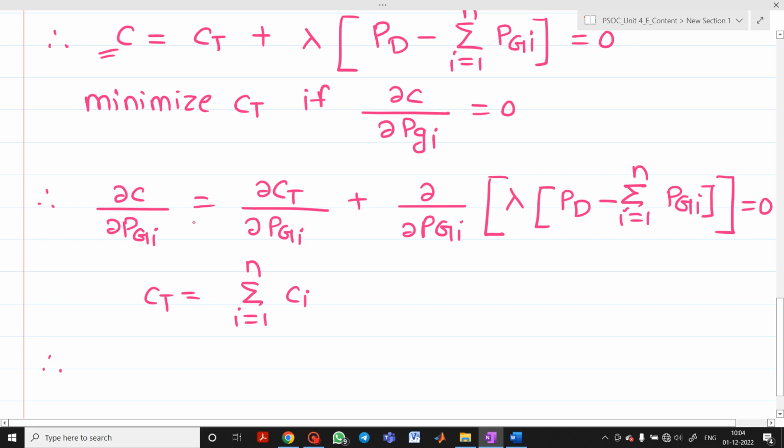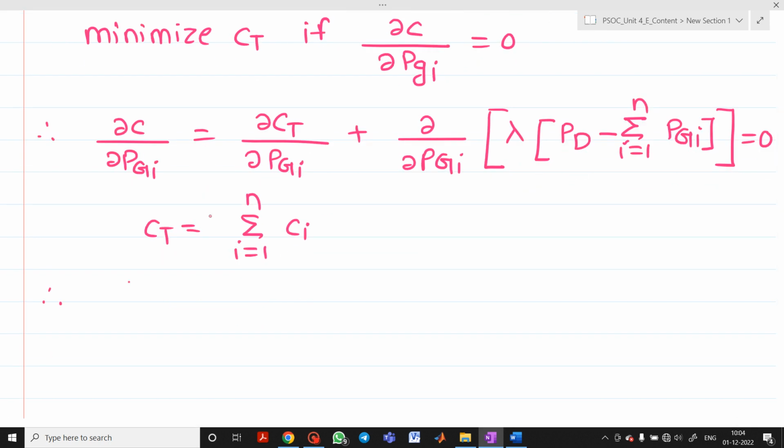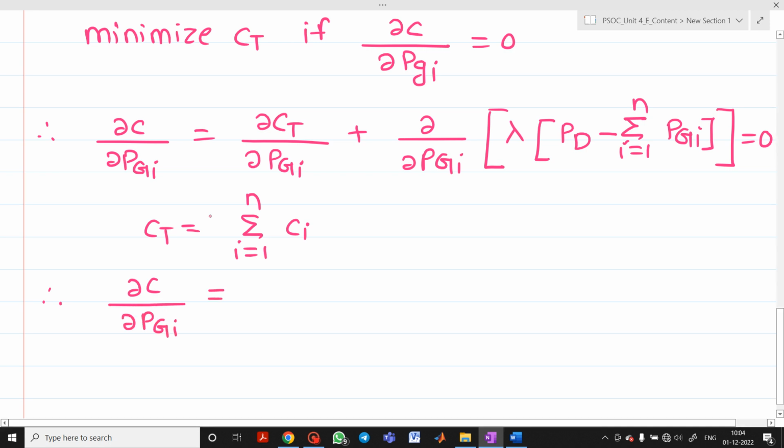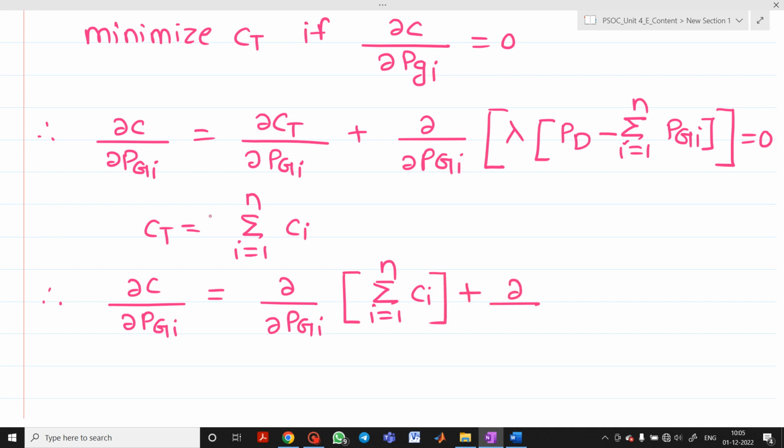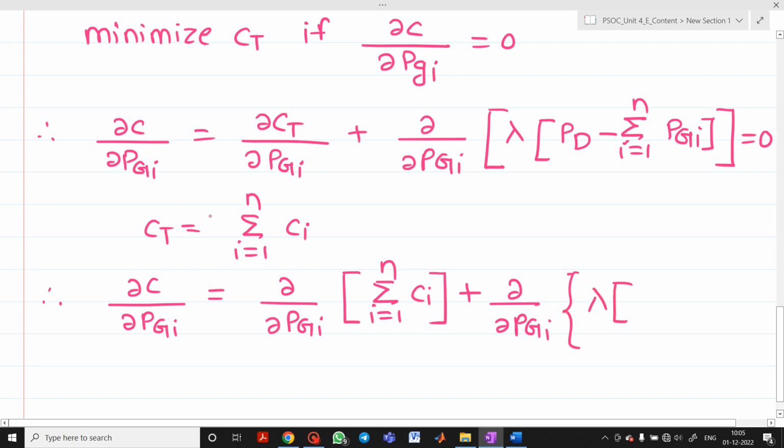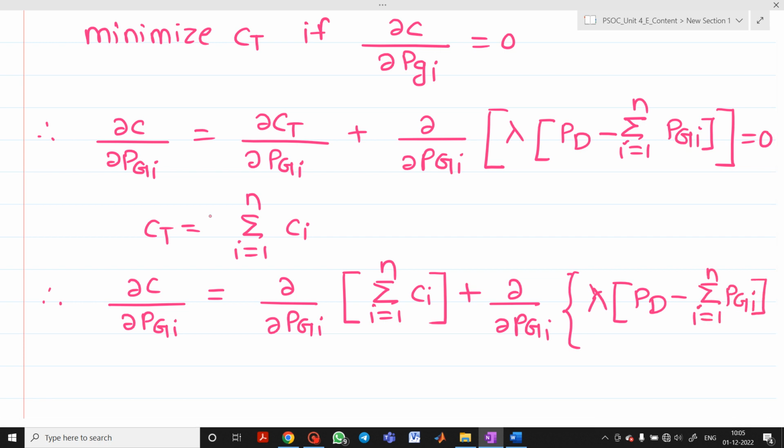So I will modify the above expression as ∂C upon ∂PGi equal to ∂ upon ∂PGi, in place of this Ct, I will write summation i equal to 1 to n of Ci, plus this ∂ upon ∂PGi, which will be as it is. I will write it as lambda into bracket PD minus summation i equal to 1 to n PGi, bracket close, which will be equal to 0.